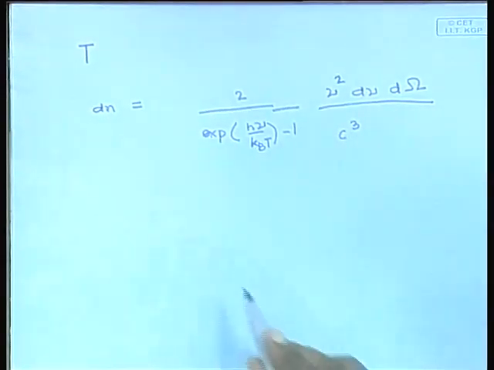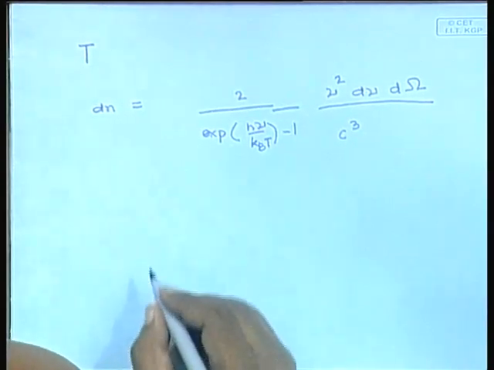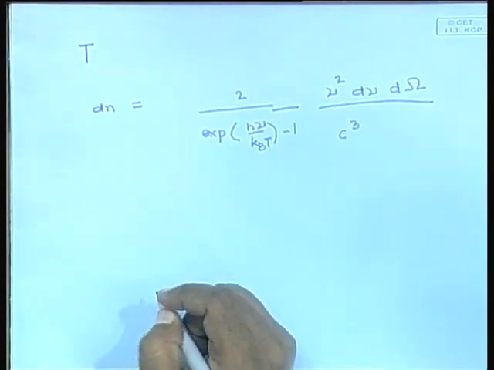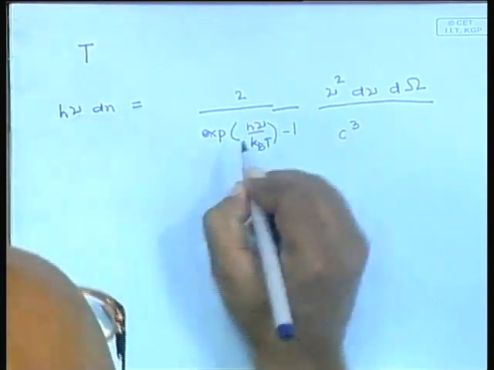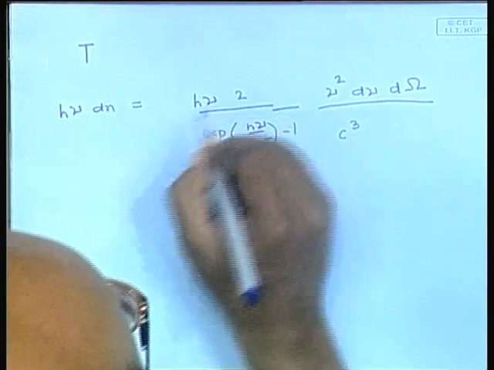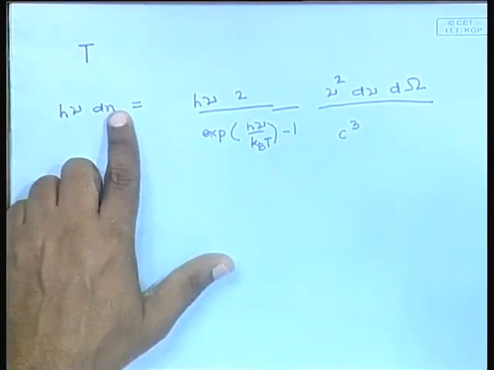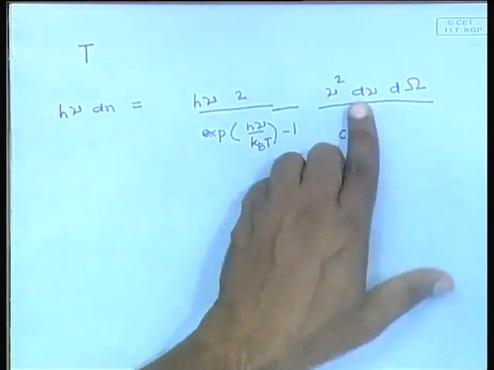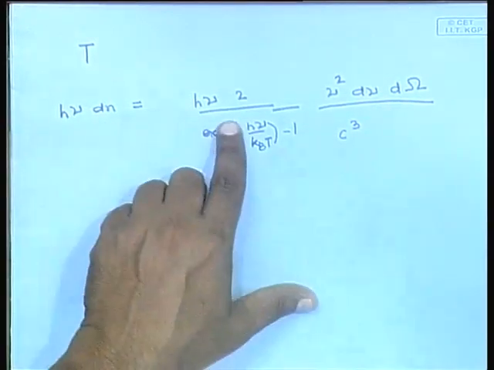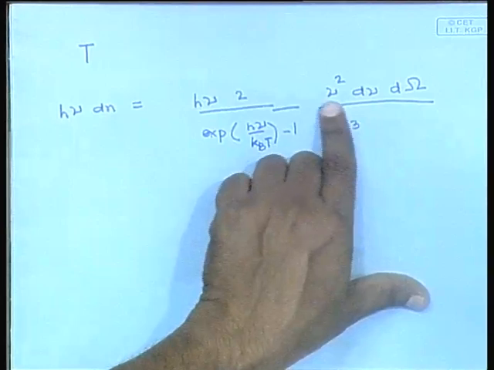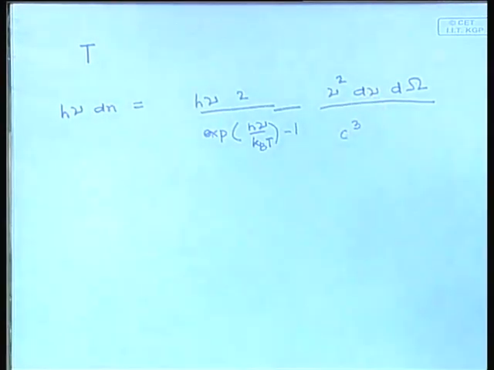And we can convert this to the energy per unit volume. This is the energy per unit volume, that is, the number of photons per unit volume with frequency in the range nu and nu plus d nu, times h nu.